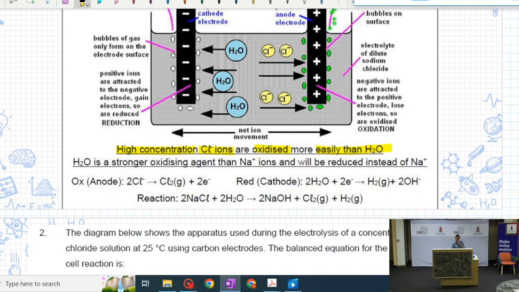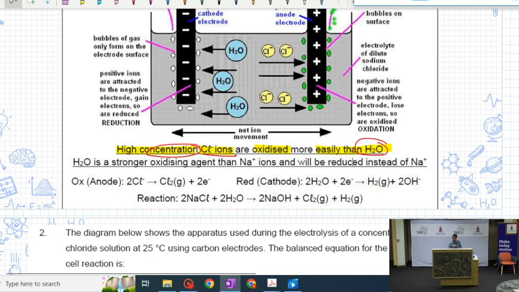It is a better reducing agent than chloride. If you look at your table of standard reduction potentials, you're going to see that water is a better reducing agent than chloride ions. But when we have a concentrated solution of chloride ions, they are going to be more easily oxidized than the water. That is very important, and that is why that has been included.